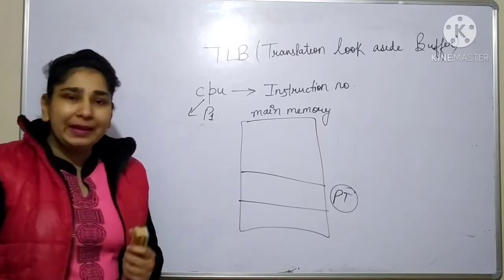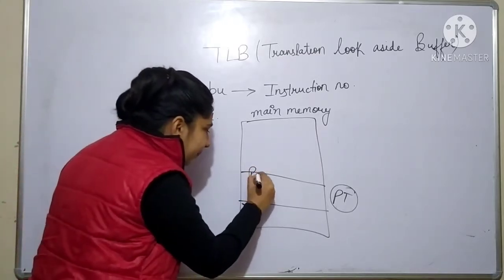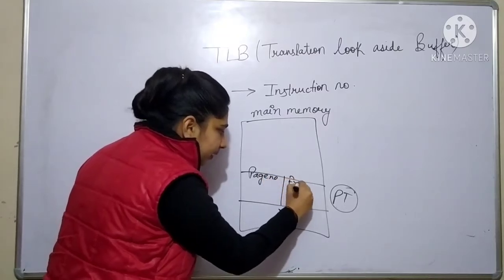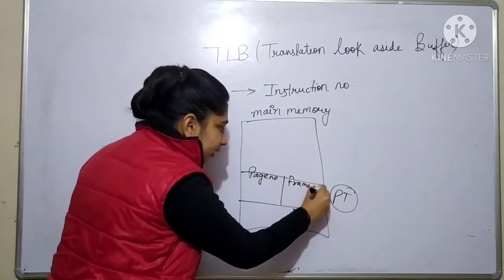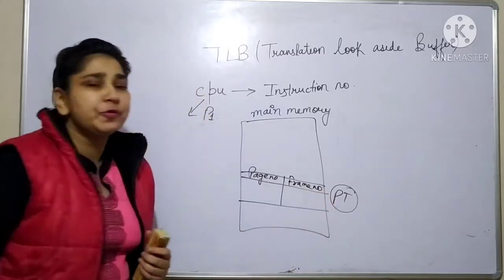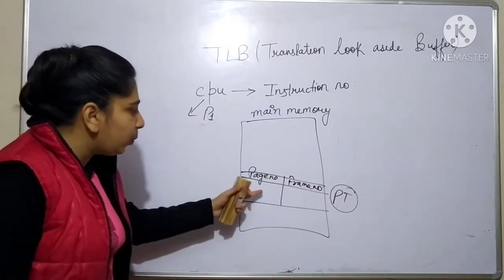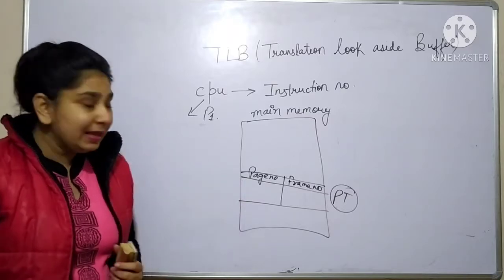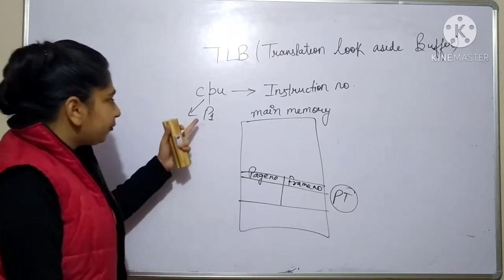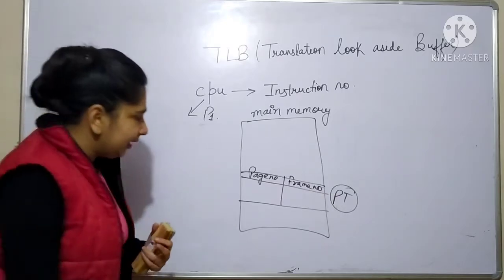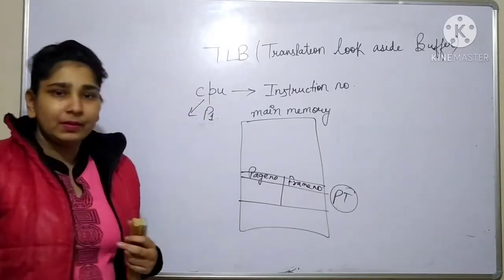From the page table we have a page number and a frame number. You have stored complete details of your process P1 in the page table: which page of process P1 is present at which frame in main memory.